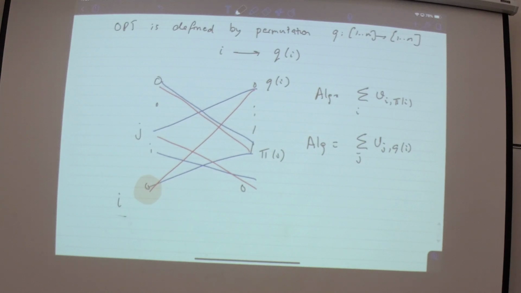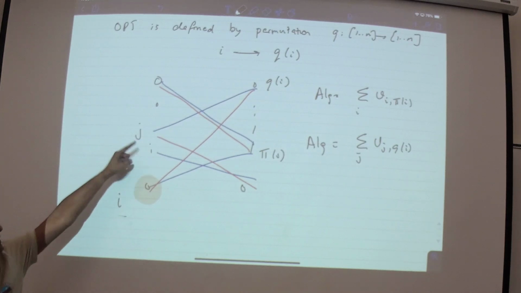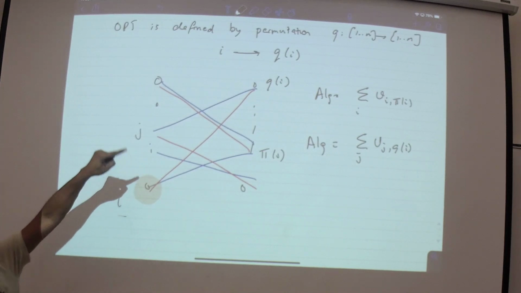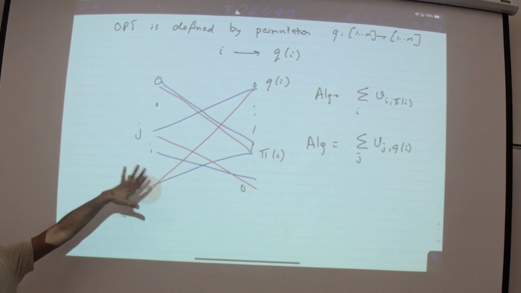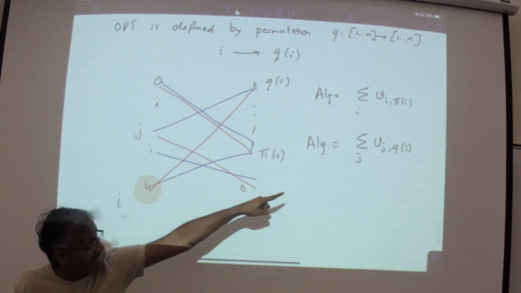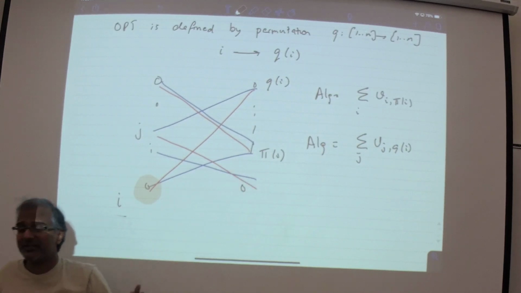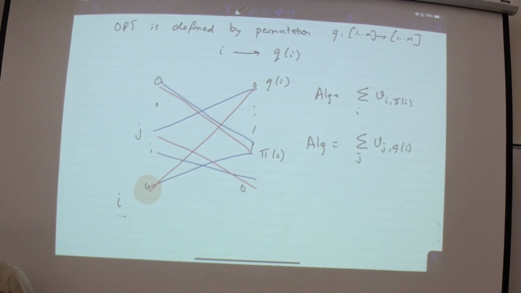I'm summing up the same edges, I'm just indexing it differently. Do you see that? I'm still summing up every single blue edge, but every single blue edge can be written in terms of this path through opt versus just directly through I. So I assert that this sum is in fact the algorithm cost as well. I'm just summing up the same blue edges, but in a different order.